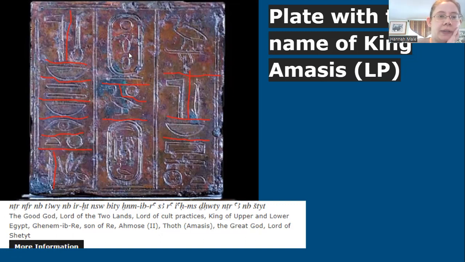Or sorry, I got a little bit ahead of myself. So this chunk up here is the Gen Ham Jeb Ray, because then this chunk is that son of Ra here. So this is the son of Ra.